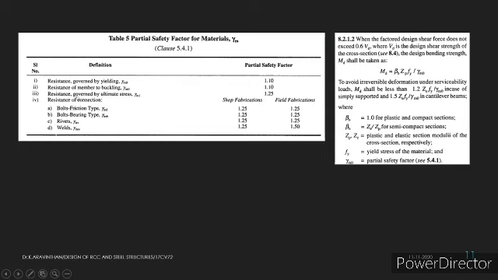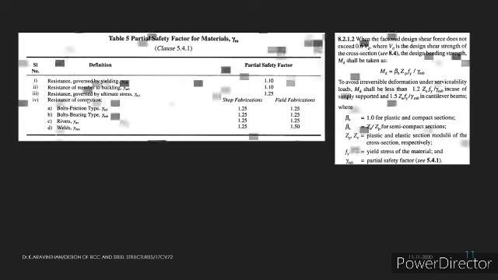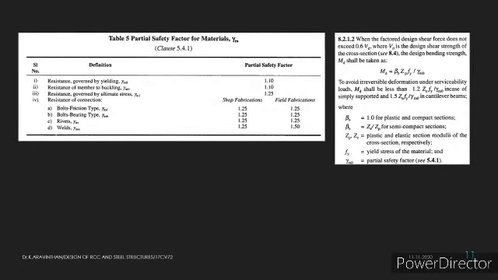So material safety factor. If we are designing for each and every section, we can take the safety factor for the member. Right now we are going for resistance of yielding and resistance of buckling. If you are designing for ultimate stress, you can take 1.25 as the partial safety factor.